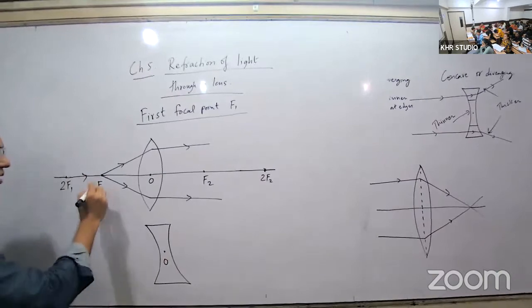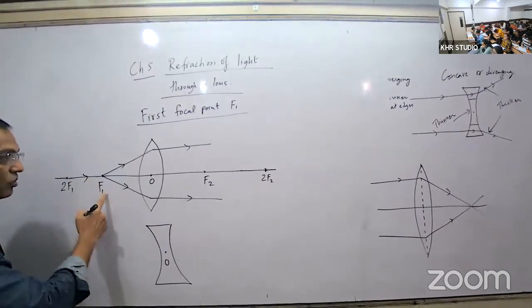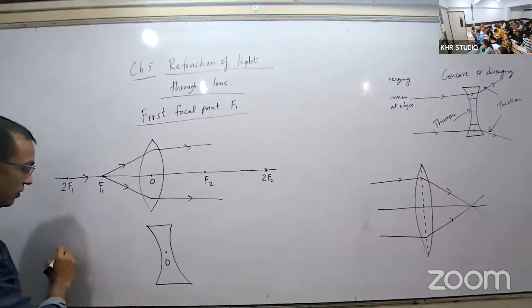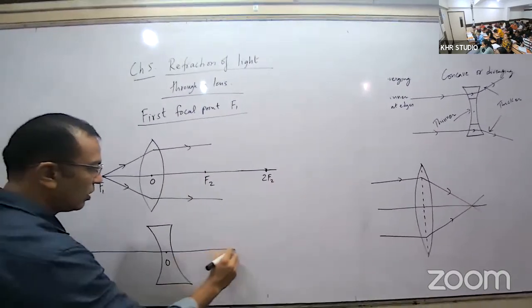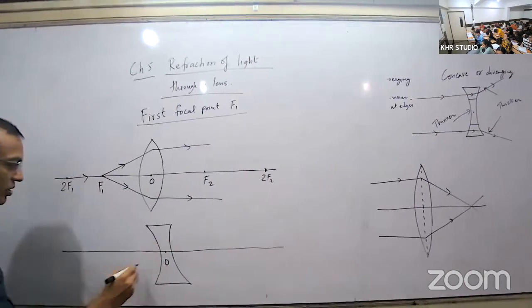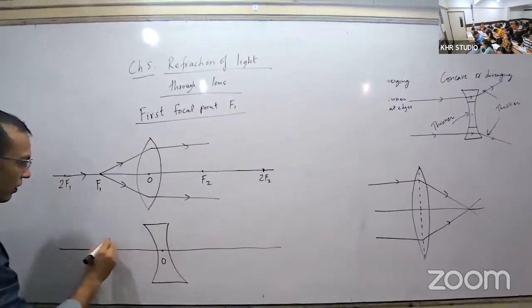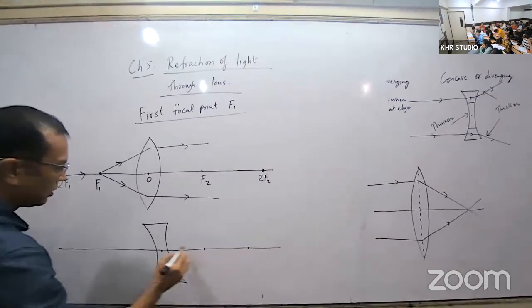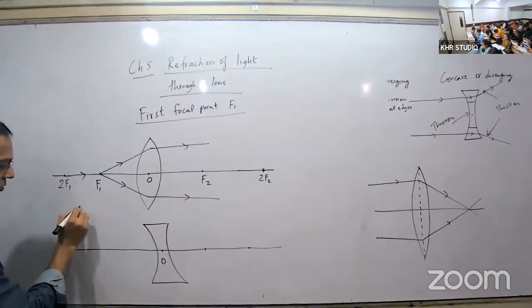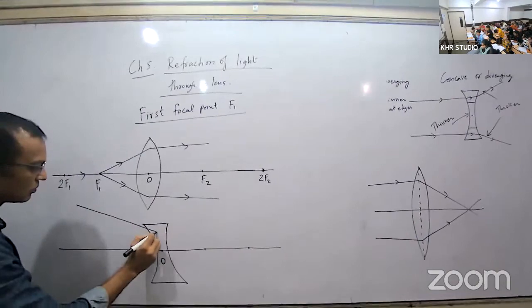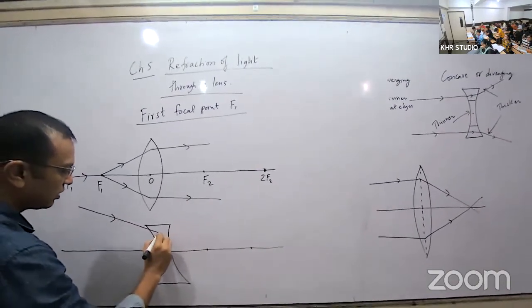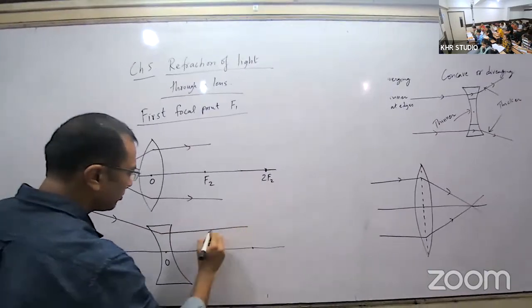What was the definition? Light emanating from the focus should become parallel after refraction. How will the light become parallel after refraction here? Let us say the light is coming towards the focus. Then after refraction, it becomes parallel.